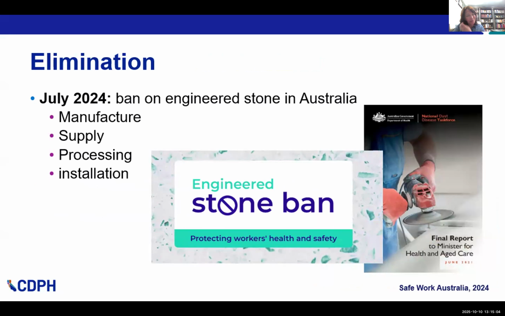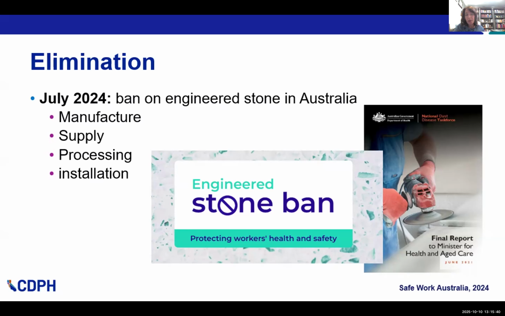The final component of the hierarchy of controls is elimination. It's considered the most effective. Just remove the hazard, and Australia really has led the way here. They went through a very similar experience to what we're having in California in terms of identifying the problem, changing their regulations, doing more enforcement, doing education, and they ended up concluding that the changes were not going to control this problem.